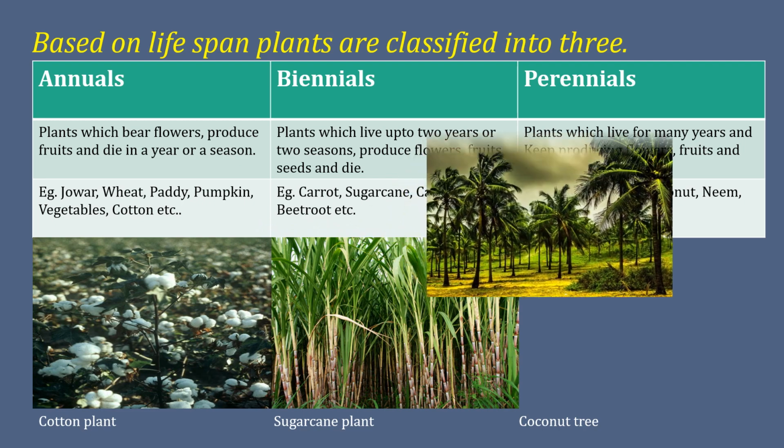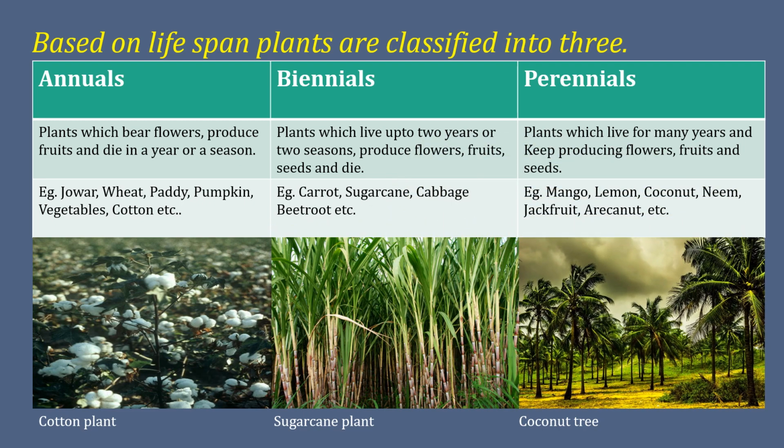Based on lifespan, plants are classified into three, that is annuals, biennials and perennials. Annuals are the plants which bear flowers, produce fruits and die in a year or a season.